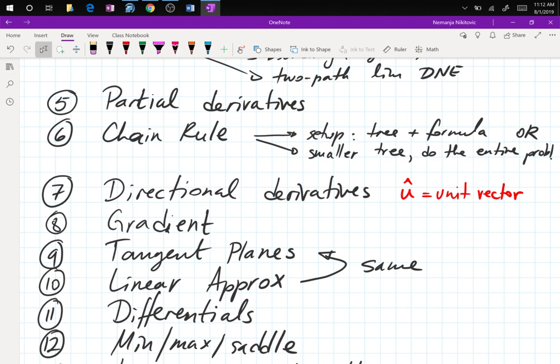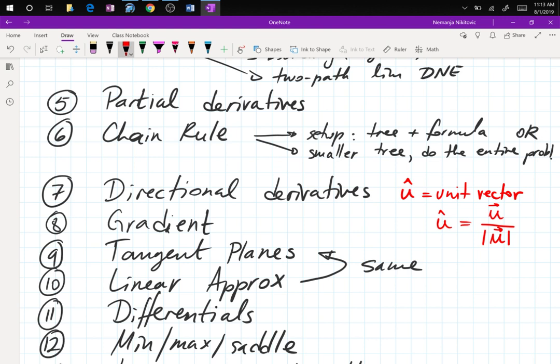If you don't remember the formula, and you should, vector u hat is equal to what? Vector u divided by magnitude of u. Very good. So that's the way to get the unit vector if you don't have one. If I give you a vector 1, 2, not a unit vector, the magnitude is root 5. So you will have to change that one into a unit vector.